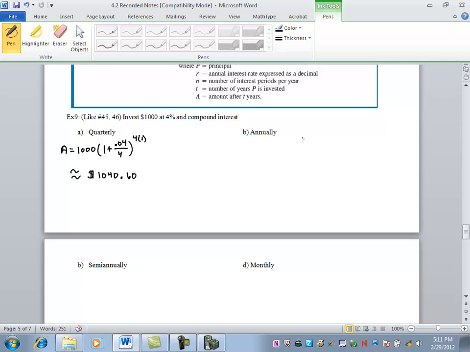Now if we do this annually, only one time a year, A equals $1,000 times 1 plus 0.04 over 1, raised to the 1 times 1. When we type that in, that's just $1,040, probably no surprise there.